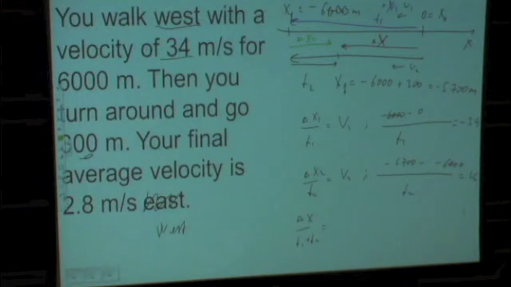So V average total, in numbers, your final position is this, your initial position for the whole trip is this, your total time is t1 plus t2, and that should be equal to negative 2.8. So now t1 is a known number, and you have two equations. First you can calculate t2 from the bottom equation, and then you can use it to calculate v2.